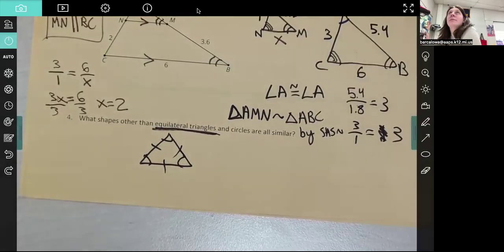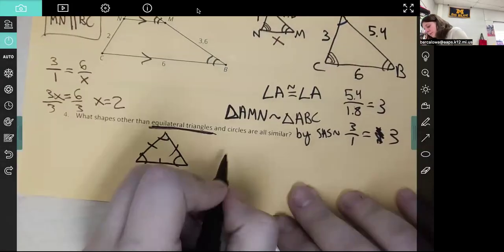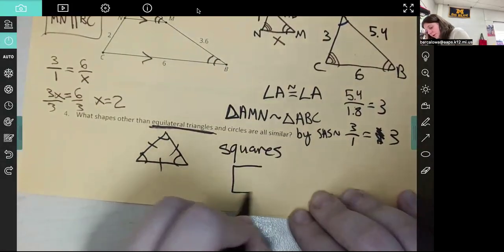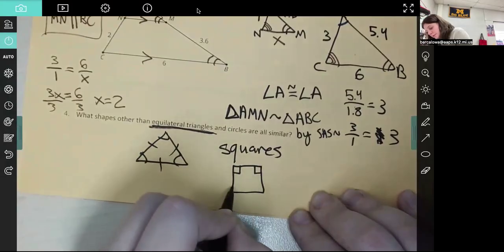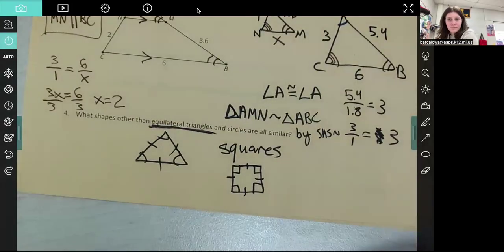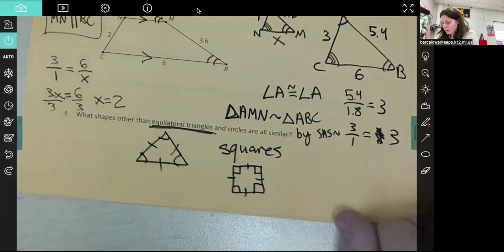Think of another shape that has all equal sides and all equal angles. Square. Squares. Squares have all 90-degree angles and all 4 sides are the same, right? Okay.